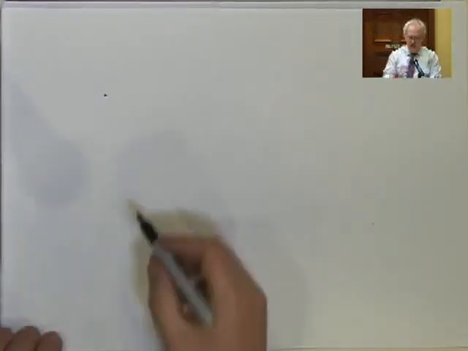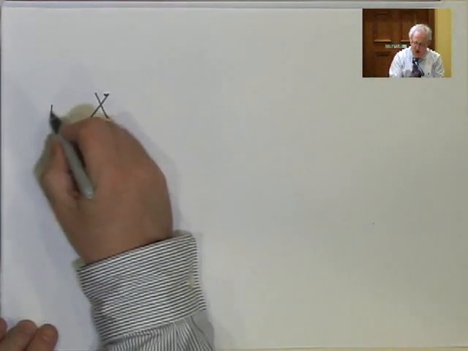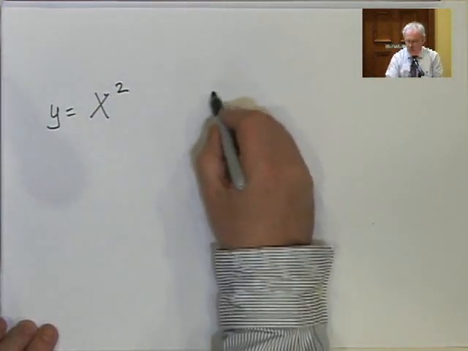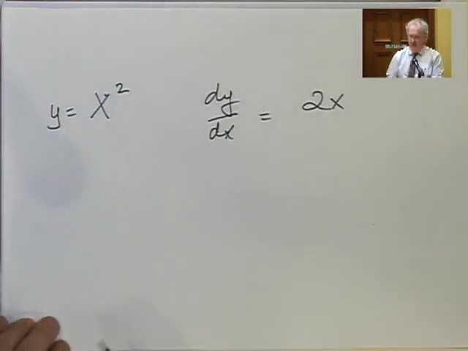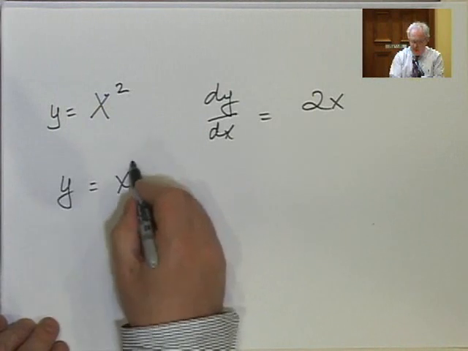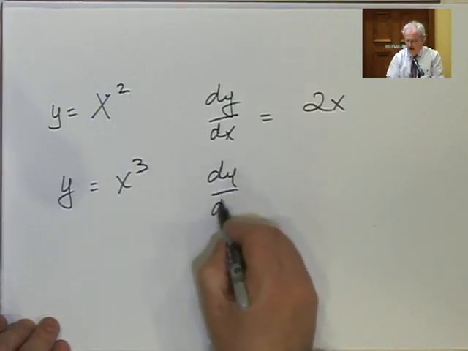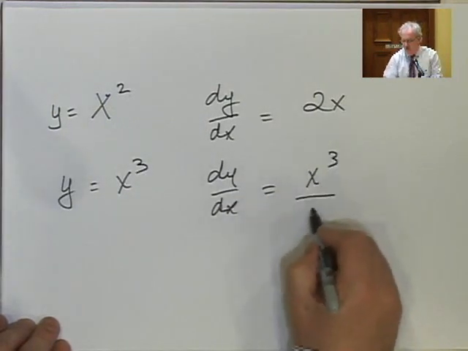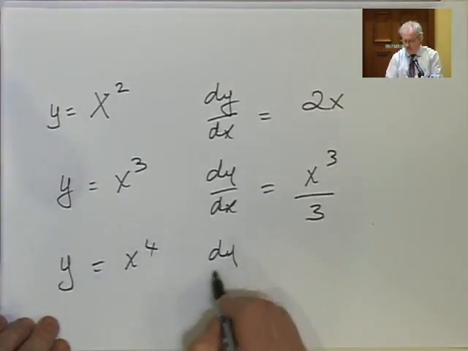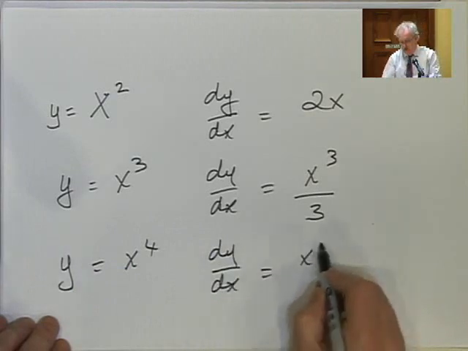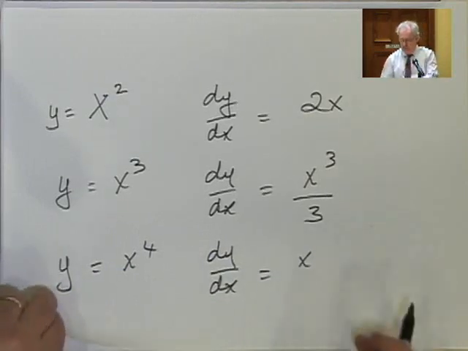The last pair that they give you on the course is a thing called differentiation. They say that if you have y equals x squared, dy dx is 2x. If y is equal to x cubed, dy dx is... Sorry, where am I going? Do that slowly.